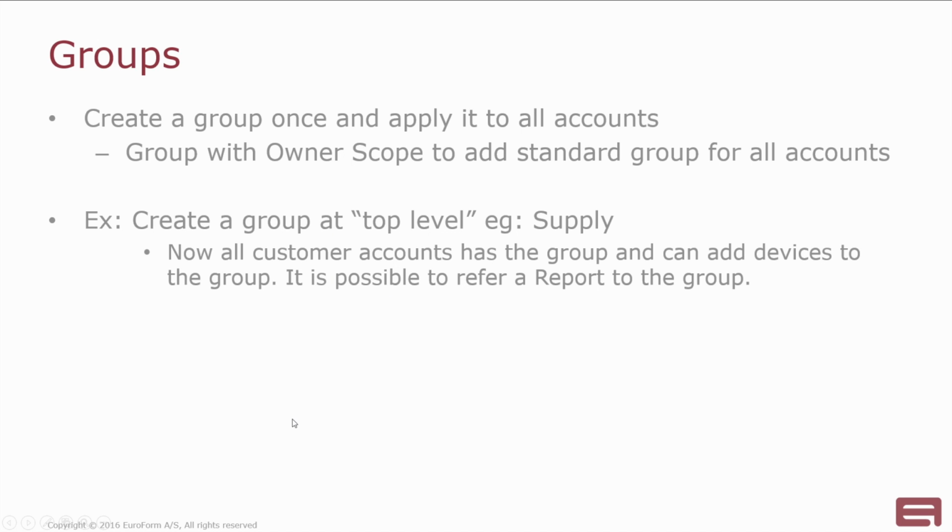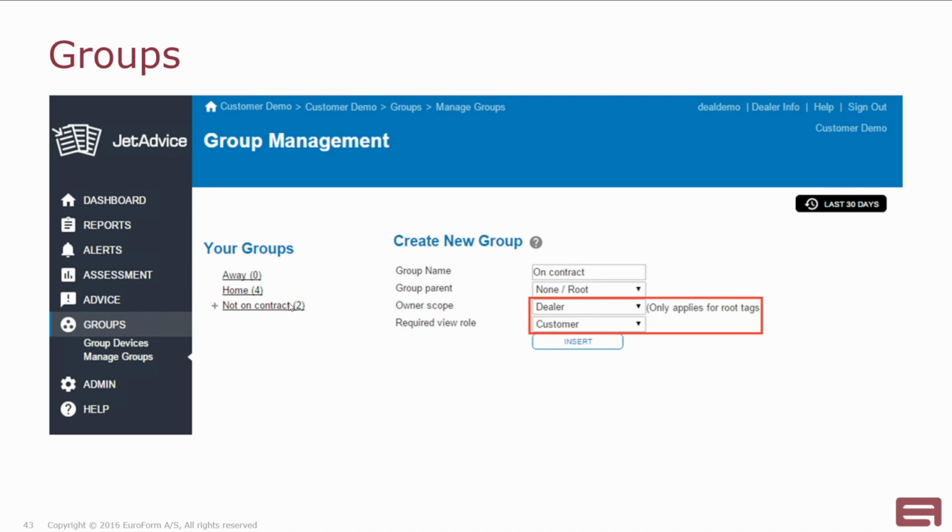As mentioned earlier, regarding grouping devices, we do have a new group option here, and grouping your devices makes it a lot easier to do your business here. Okay, so we now have the option to create a group and apply it to all accounts. Only root groups can be used on all accounts at the top level here.